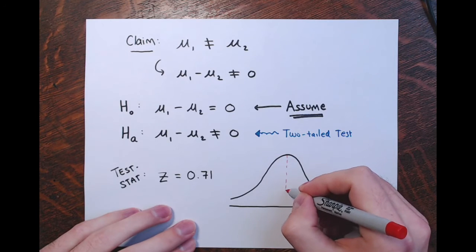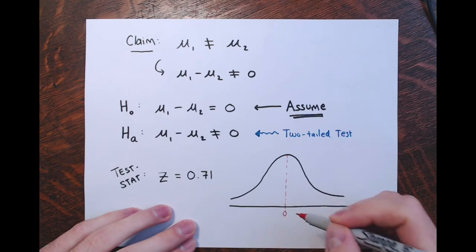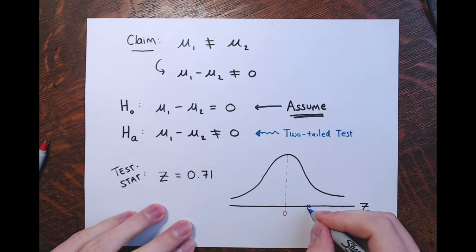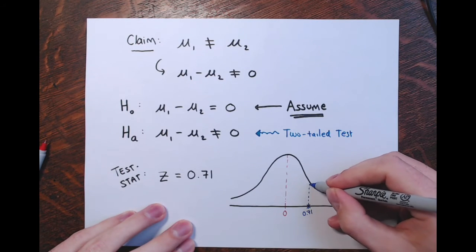Underneath the peak is a z-score of 0. And where did our test statistic fall? At 0.71, so over here. There's our test statistic.